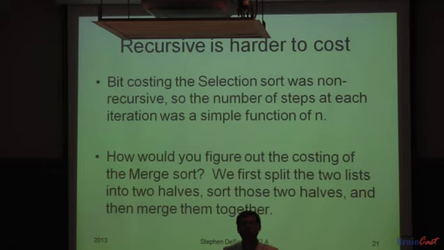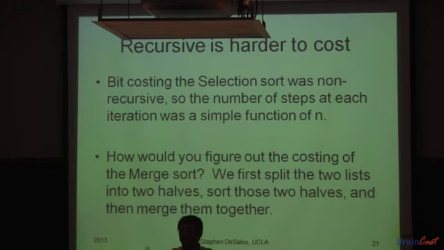How would you sort a list of size 4? You take the 4, you split off the 2, you split off those 2, you merge them together. There is no selection sort. There's only splitting and merging. Okay? So that's the key idea. With recursion, you assume you can sort the smaller lists.